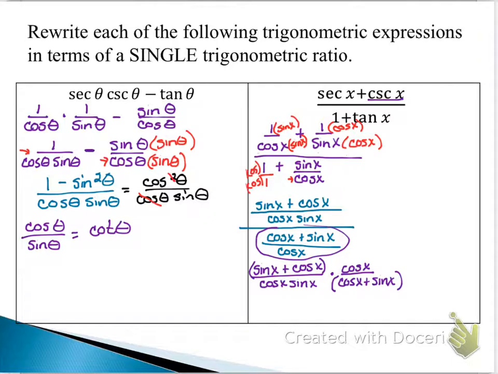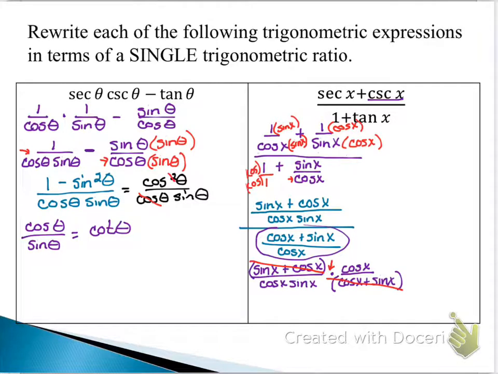If this was addition, then I wouldn't be able to do what I'm about ready to do. But this is multiplying. If I have cosine x plus sine x in the denominator and sine x plus cosine x in the numerator, I can cancel those.